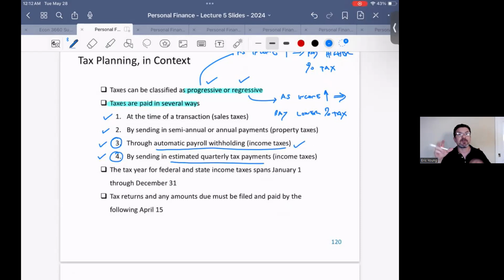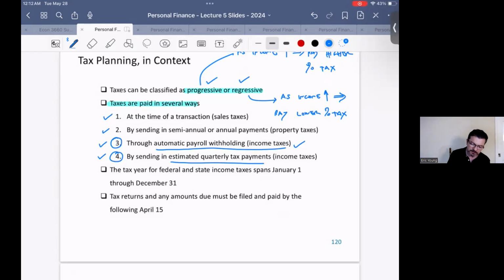Well, you don't really have a traditional boss who's going to withhold money from your check. So you're going to be earning income, earning some profits in your business, and in order to account for your tax burden, since there's no withholding, 4 times a year, quarterly, you're just going to make an estimate of how much tax you owe based on the income that you had in that quarter, and then you send it in on your own.